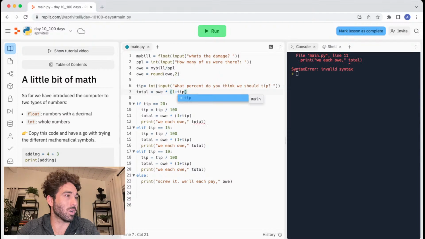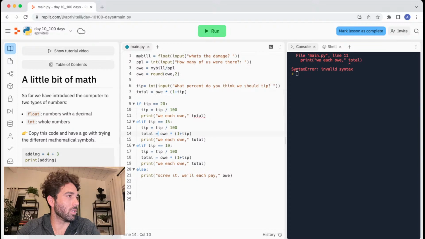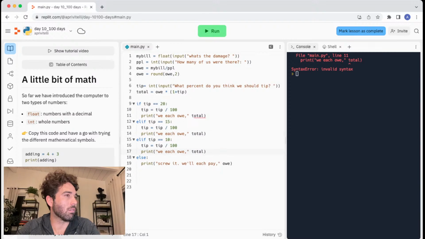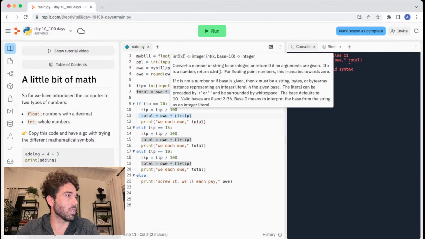I don't know if this is gonna work. Maybe we don't need this. We each owe total. Do we need total? Okay, let's try that again.